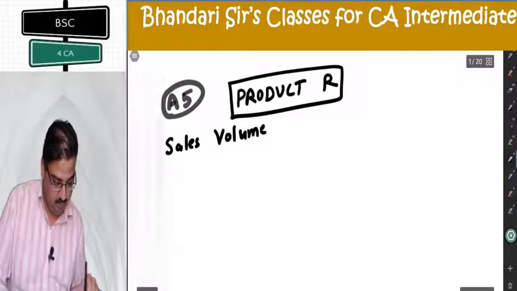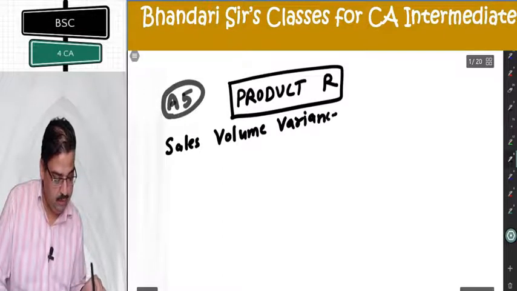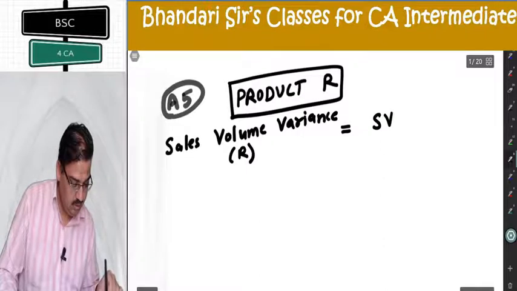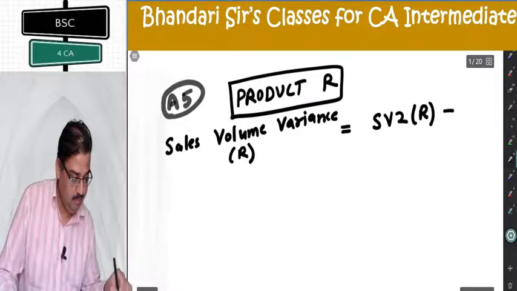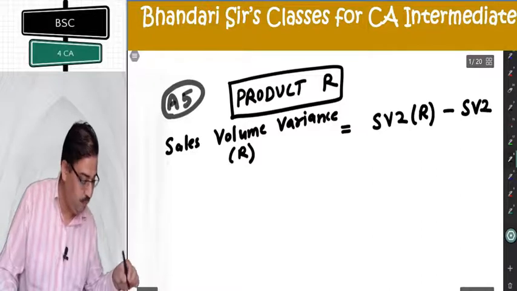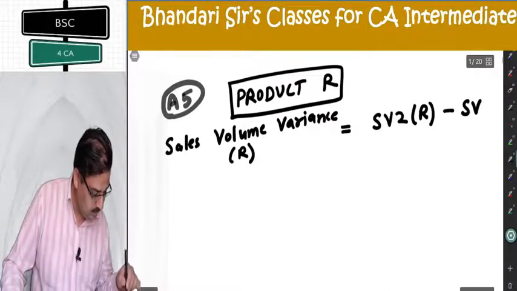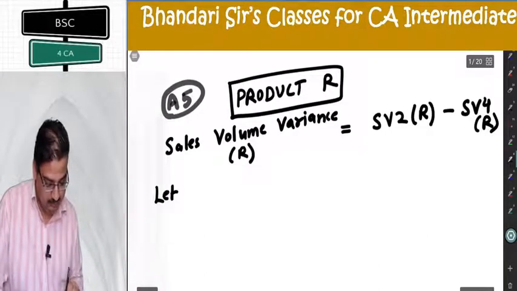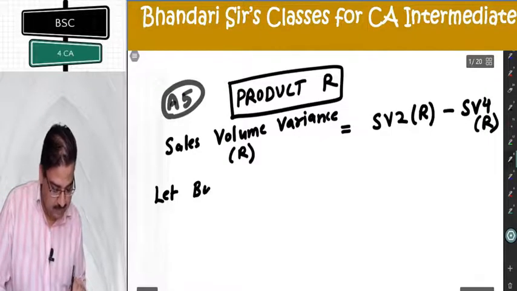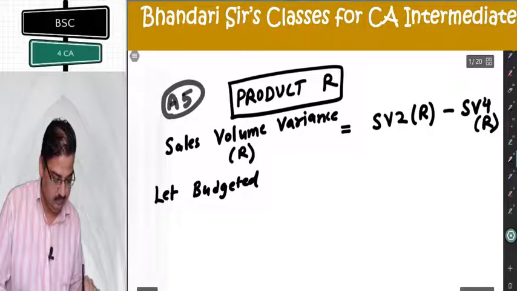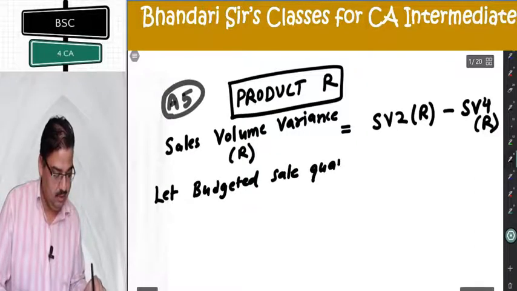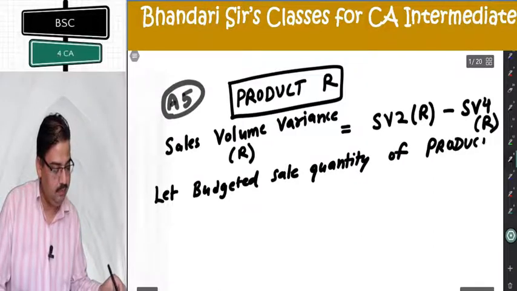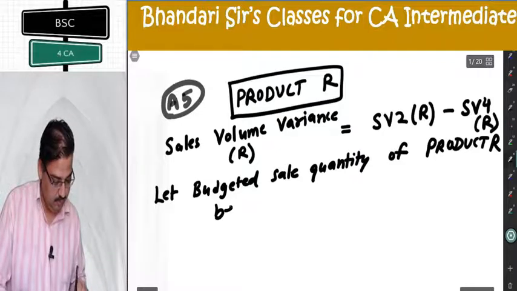Sales volume variance of product R. SV2 of R minus SV4 of R. SV2 minus SV4 of R. Let budgeted sale quantity of product R be X.